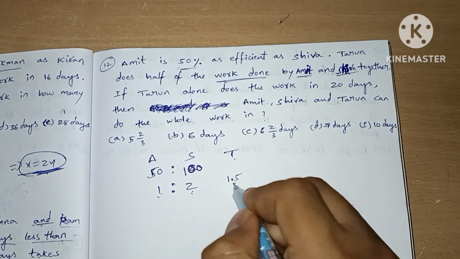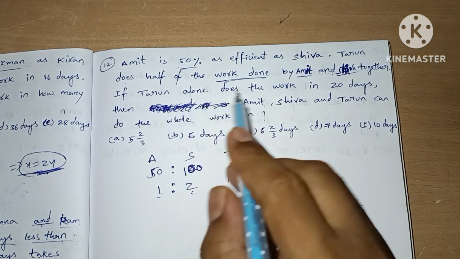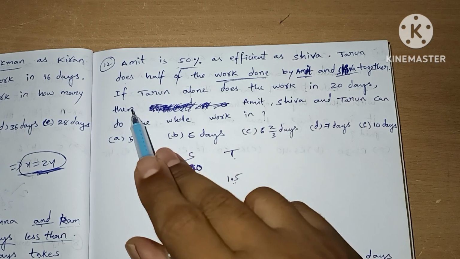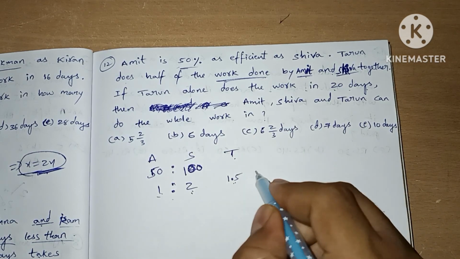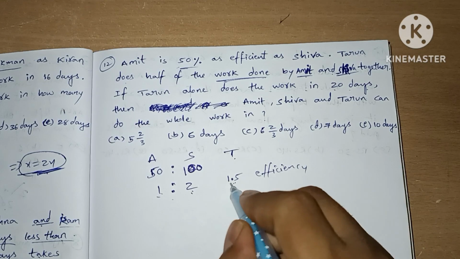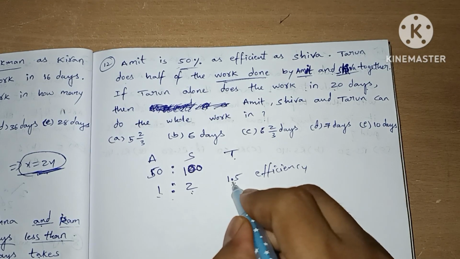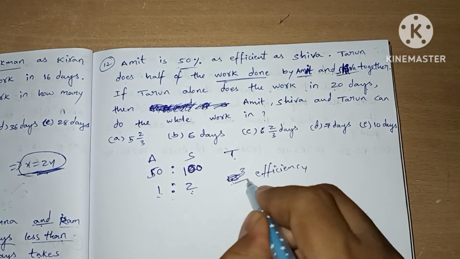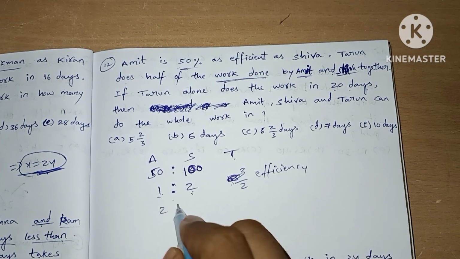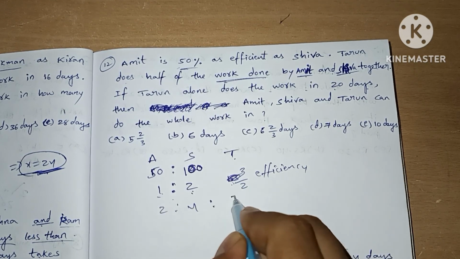So the efficiency of this person is 1.5. Now, what the question is, if Tarun alone can do the work in 20 days. So these are efficiency ratios. Now, instead of 1.5, we write 3 by 2. So the ratios will be 2:4:3.